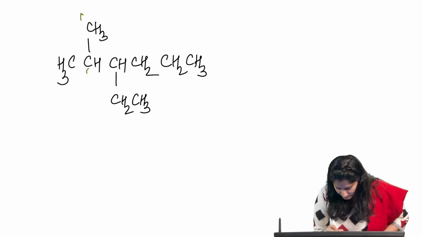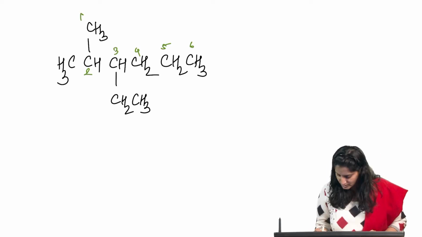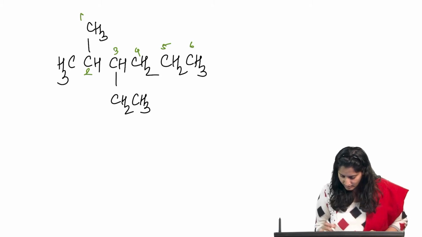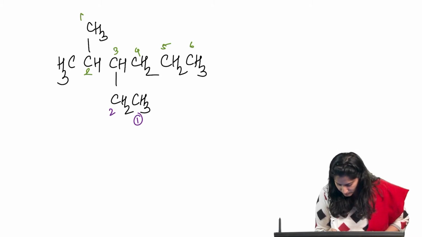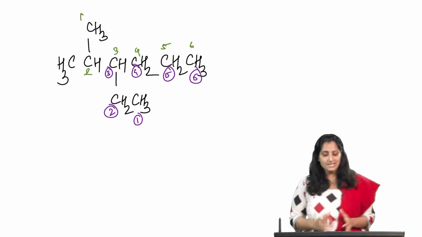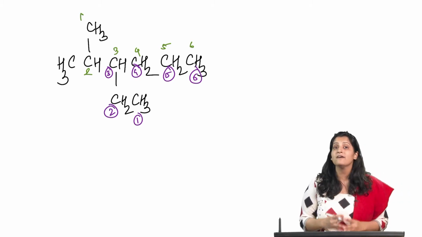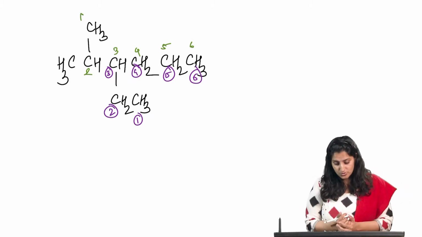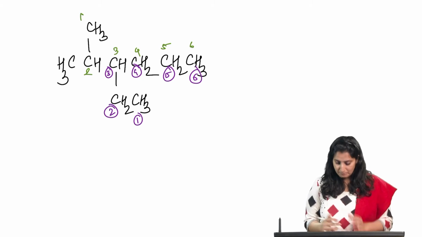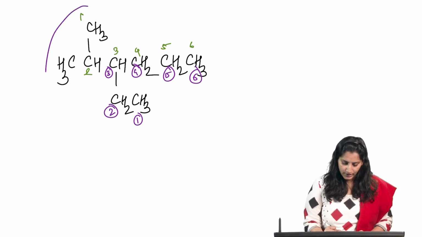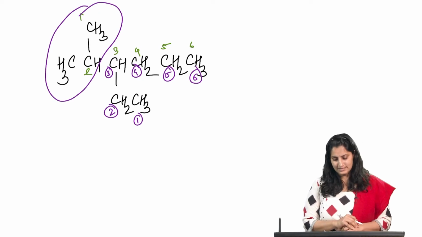I have 1, 2, 3, 4, 5, 6 as one of the chains, or I can have 1, 2, 3, 4, 5, 6. So, what I see here are 2 continuous chains, both of them have 6 carbons in it. Which one do I choose? If I choose the one in the purple, I have one large substituent that looks like this.